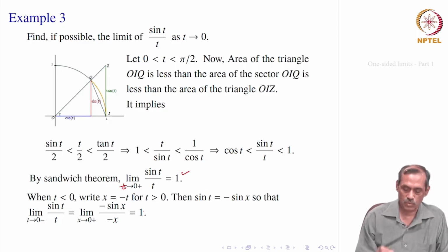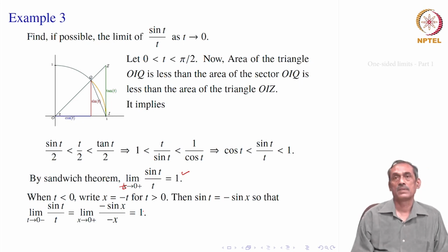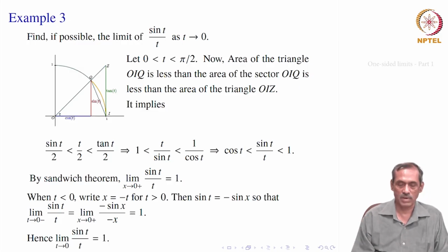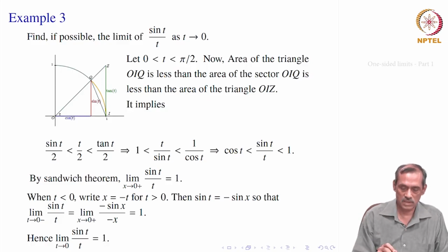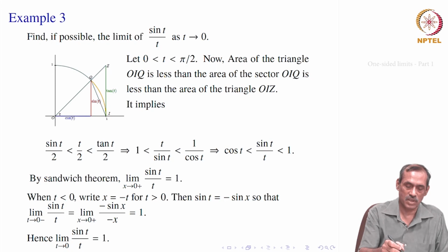So that gives us 1. Therefore, the left side limit and right side limit are both 1, hence the limit is equal to 1. I think this is pretty easy, we are just comparing the areas. There is another way of comparing the lengths of this chord and this, but this looks easier.